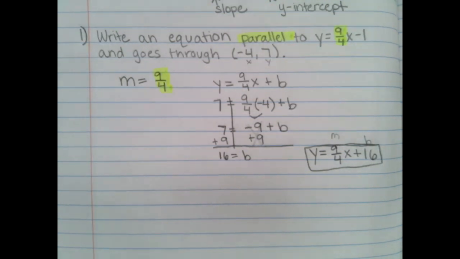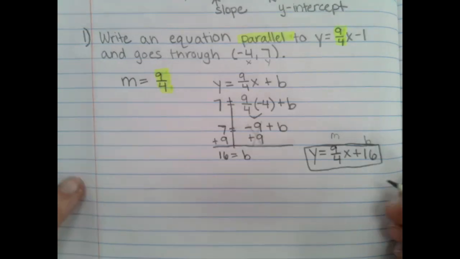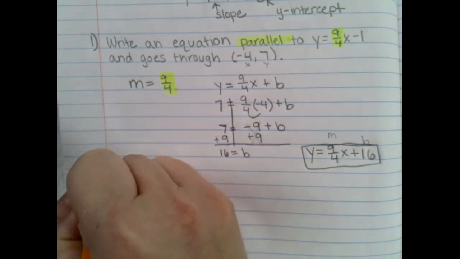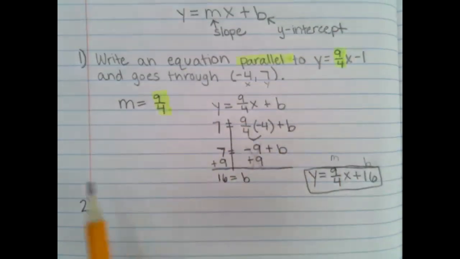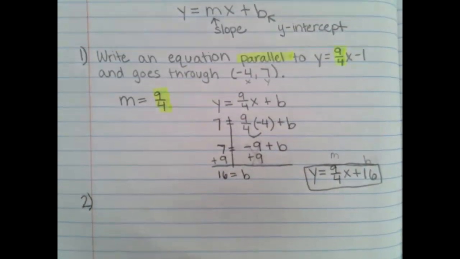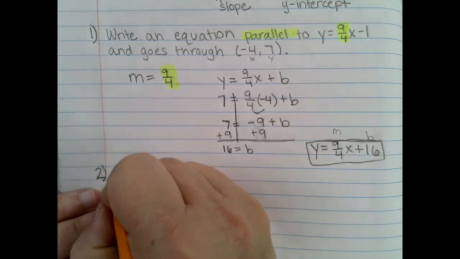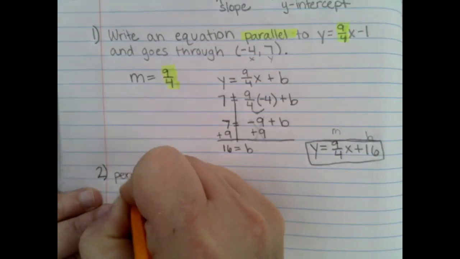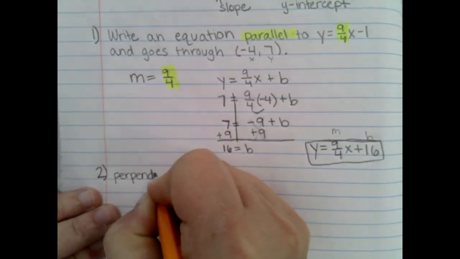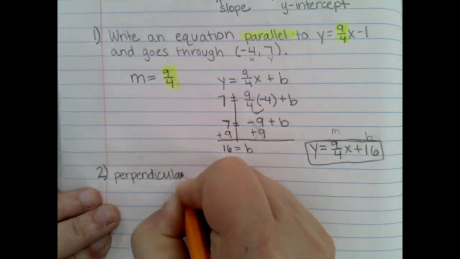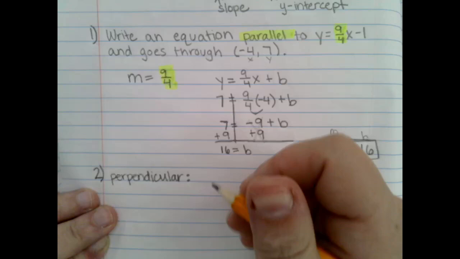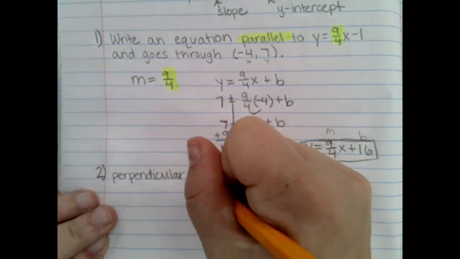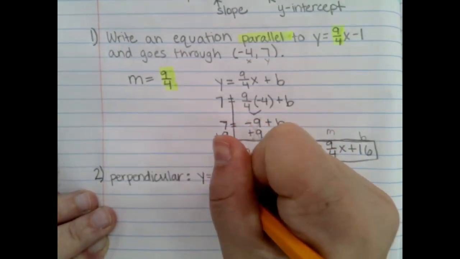Okay, we got one more we're doing, and then you have the rest of the time for practice today. Number 2, we're going to be doing the same idea. I'm just not going to write down the whole directions of write an equation. We're just going to write perpendicular to y equals negative 2x minus 5.